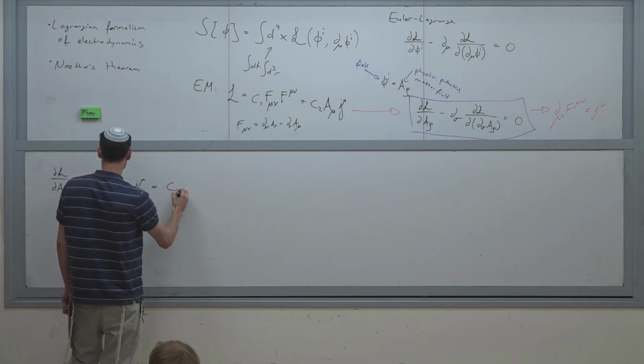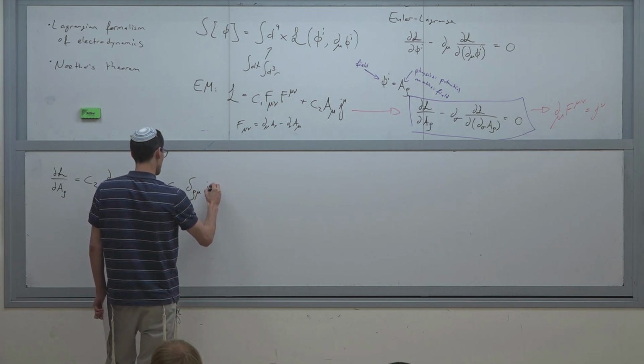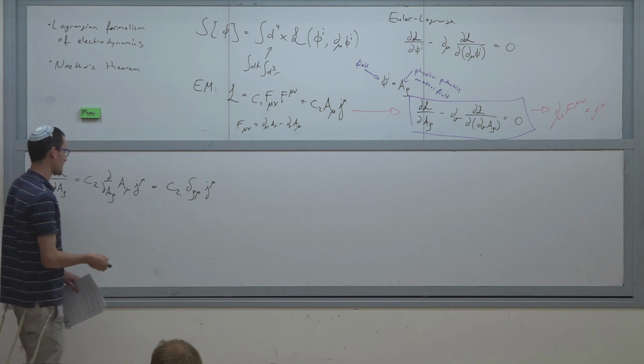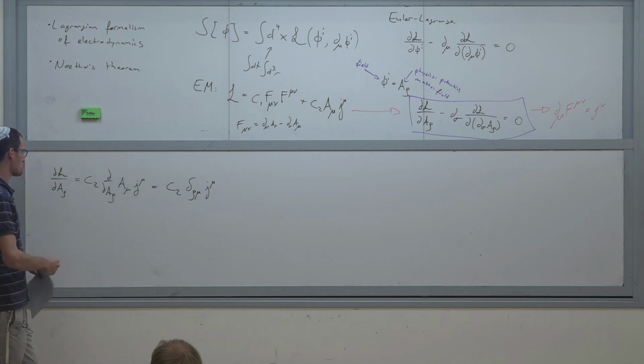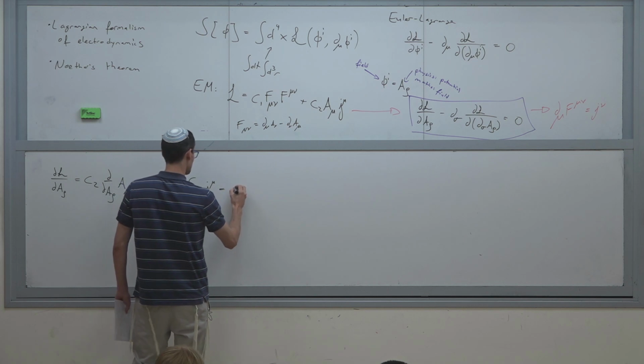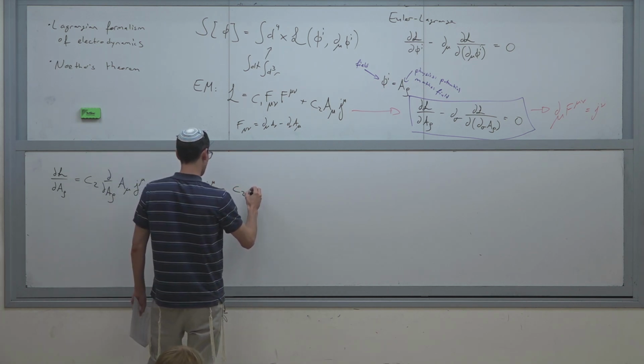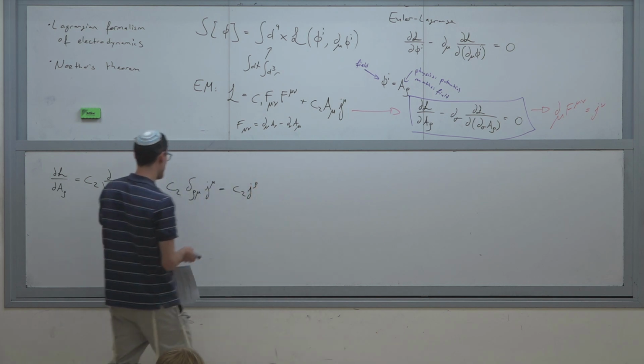So this is C2 delta rho mu j mu, which of course, after you compute the sum over mu, is just C2 j rho.